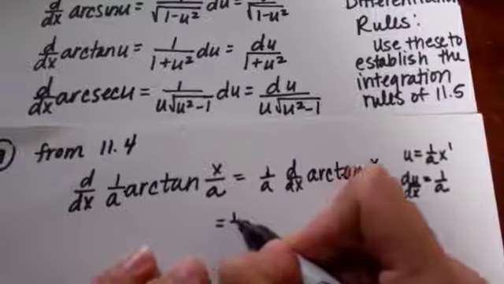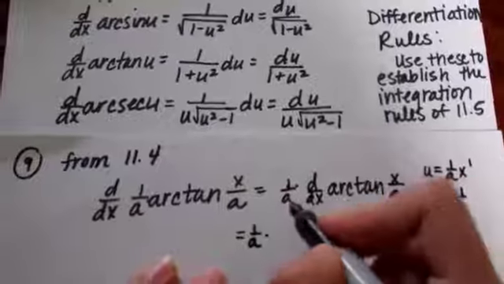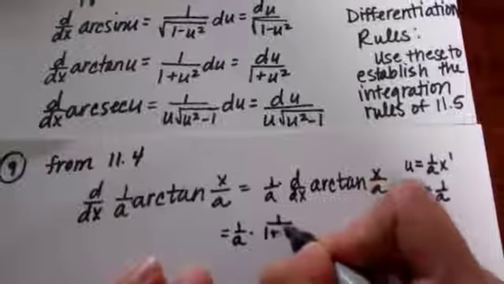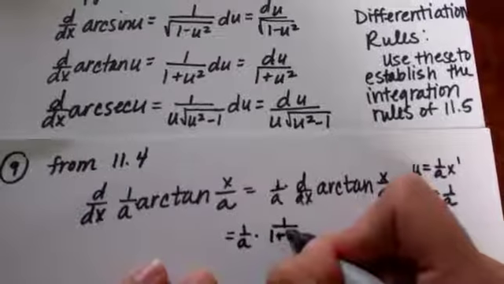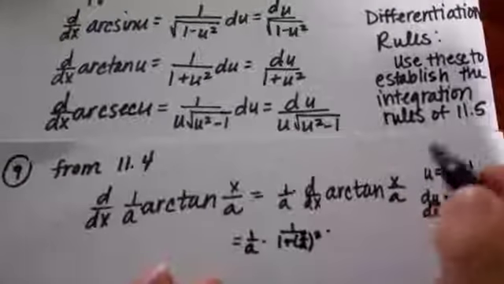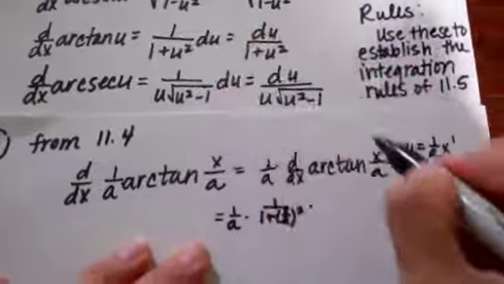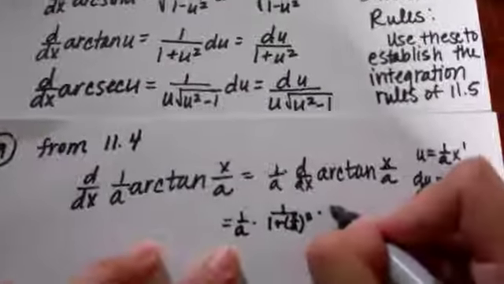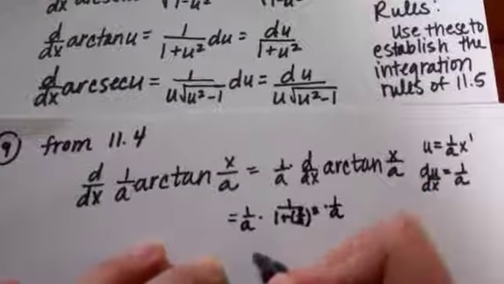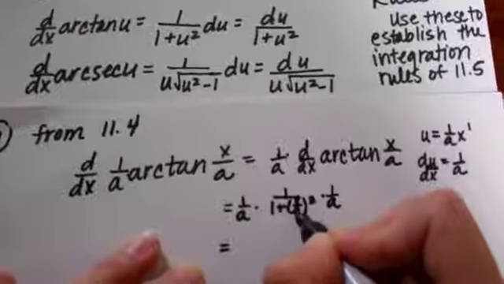I'm going to have that 1 over a, there's my scalar, times, and now the derivative of this is going to be 1 over 1 plus, and then that inner function left alone, x over a squared, and then times, and now this is where you derive that inner function and multiply it. So here we already did that. It's 1 over a. Sorry, this got squished a little, but that is 1 over 1 plus x over a squared.